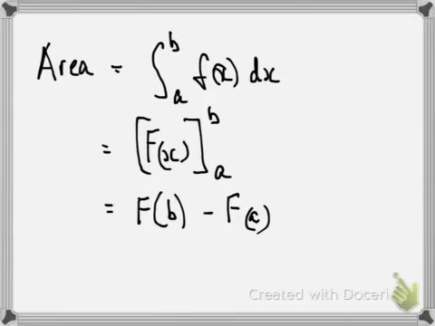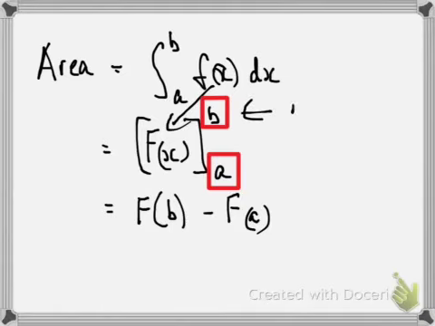So the area, as we saw in the last video, is the integral between b and a of f of x dx. To get capital F of x here, the function, we integrate f of x. And they're what's called our terminals, b and a. That is the right-hand terminal.